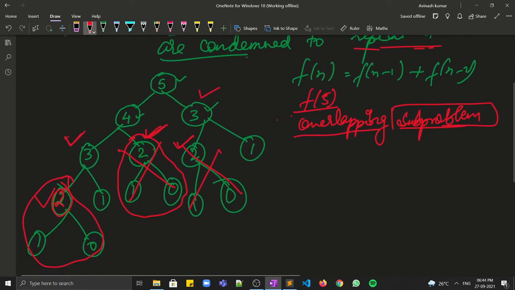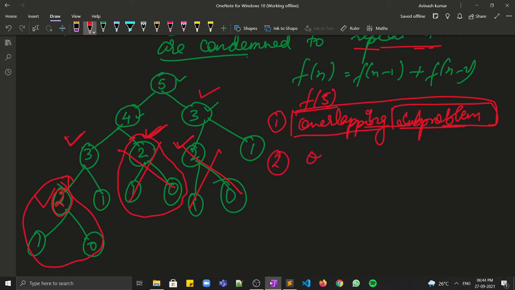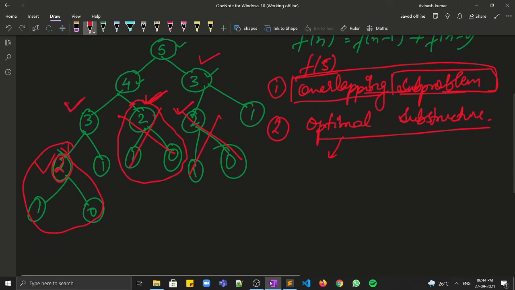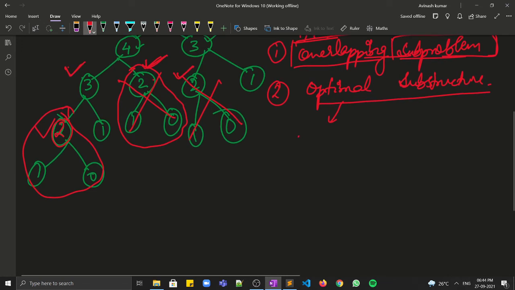So this is one of the conditions for the problem to be solved by dynamic programming, right? Another is optimal substructure. So what is optimal substructure? In dynamic programming problems, generally you are told to find the max value, min value, optimal values, right?